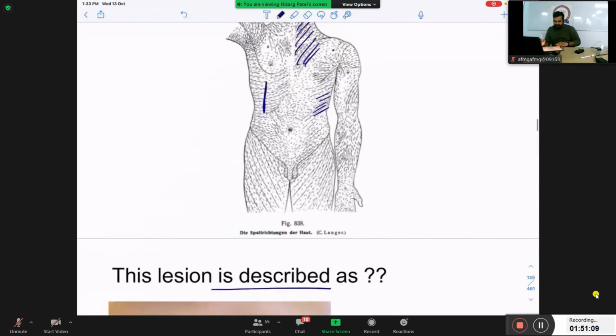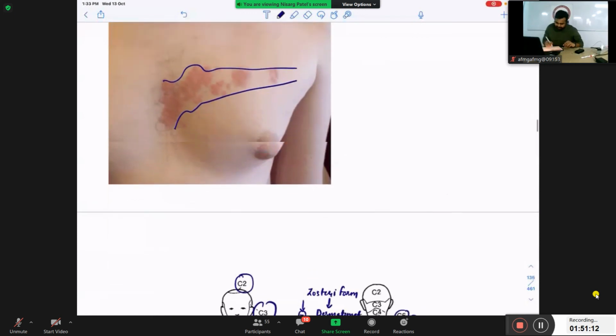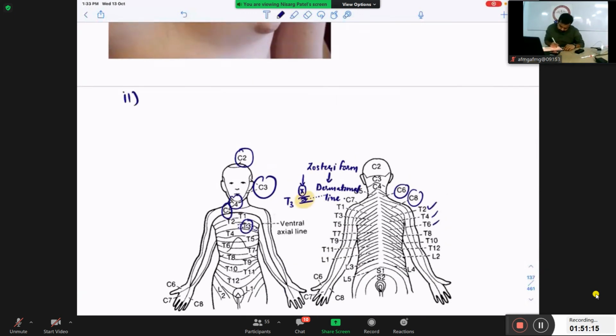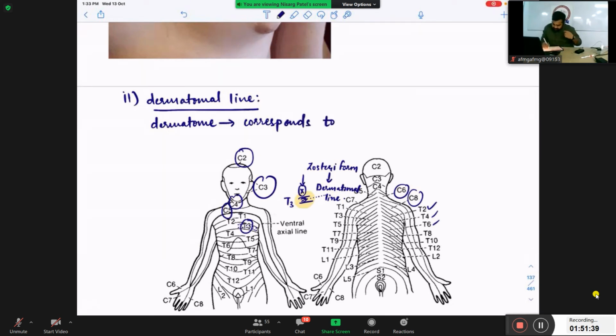Okay, so we will write down this second line, which is a dermatomal line. Dermatomal line. So dermatome is always corresponds to spinal nerve root.